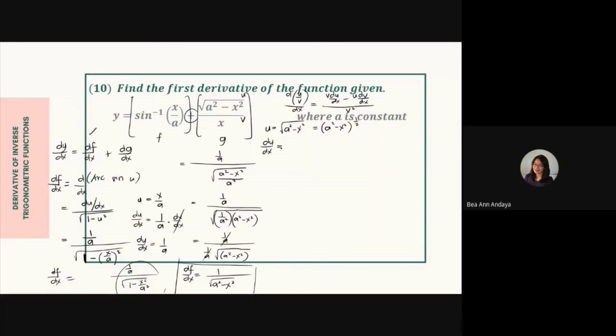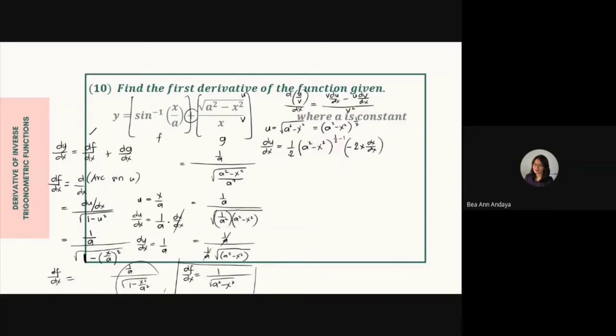So, according to the general power rule, you are going to copy the 1/2, you copy the a squared minus x squared, and raise this to 1/2 minus 1. Hindi pa nagtatapos dyan kasi kailangan pang i-derive yung inner function with respect to x. That, the derivative of a squared, since a is a constant, magiging 0 yan. And you have to derive the negative x squared, so meaning to say, you have negative 2x, the derivative of x with respect to x.